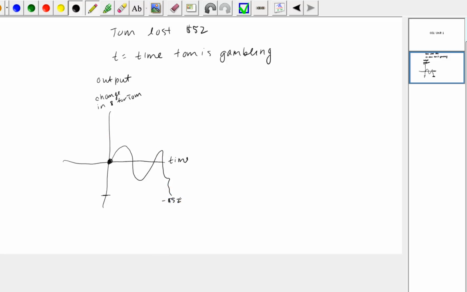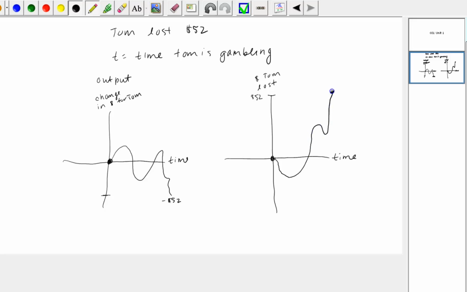Okay. But if we thought of this in terms of time, and we thought of this variable as maybe the dollars Tom lost, well, he would start off losing $0. In the end, say this is when he stops gambling, maybe he wins some money, that would be negative, and who knows what happens in between.